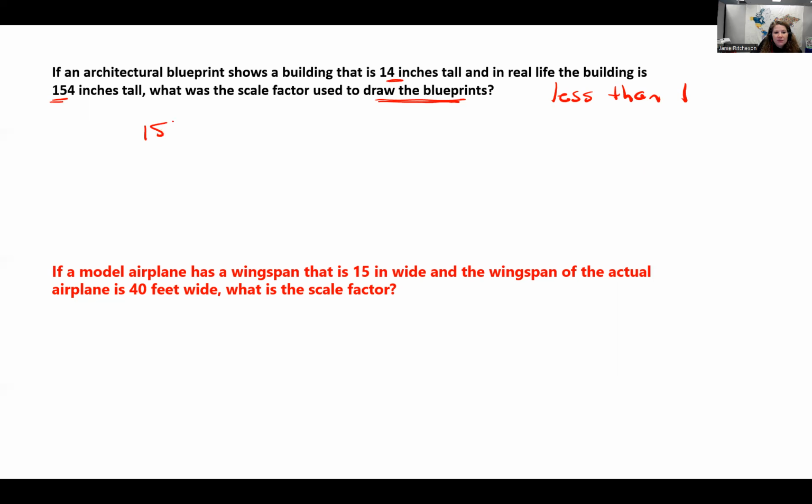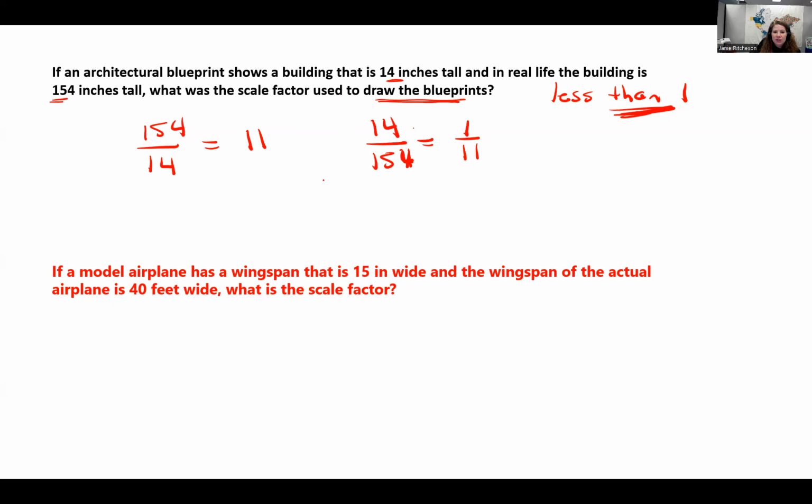If we do 154 divided by 14, that is 11. Is that less than 1? No, we'd have to do the opposite. We'd have to do 14 over 154, which is 1 over 11. We can divide both of these numbers by 14.